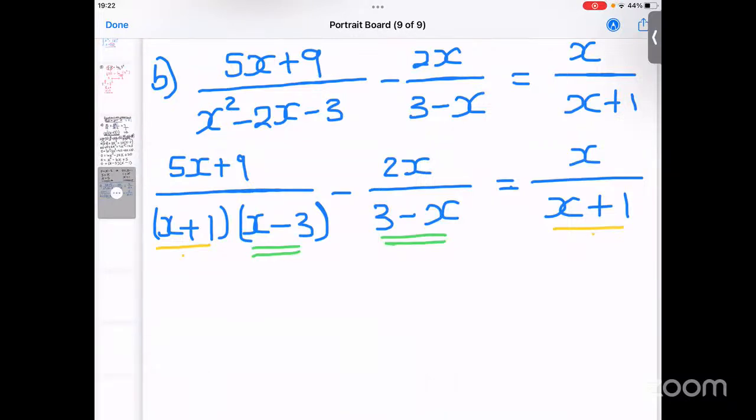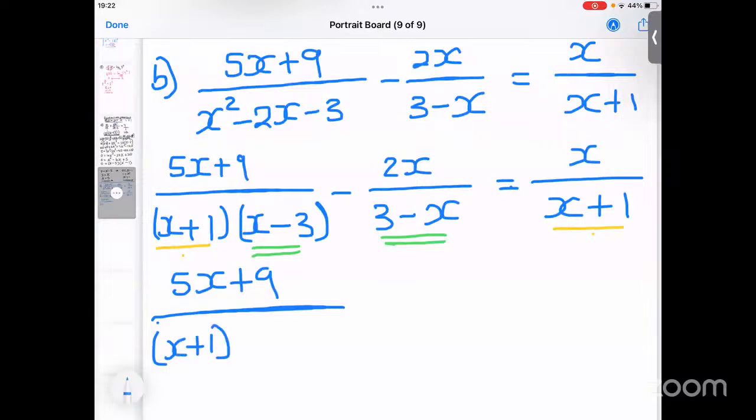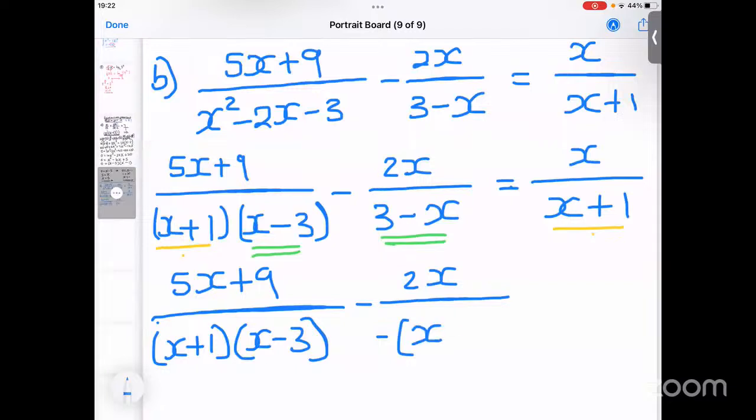This is how you manipulate them. So you have your 5x plus 9 divided by this one. You just leave it as it is. You don't want to complicate it. But you see this one, something can be done there. If we take out the negative, then we can start with our x, and then we can say minus 3 there.